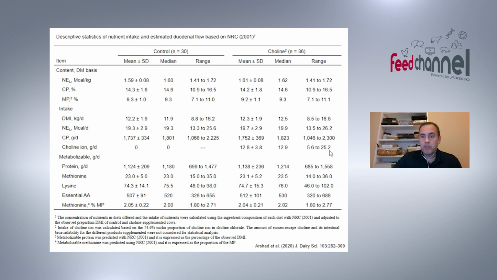So this is the range of choline intake in the cows, given that these cows were supplemented with choline. But there was always a control group within the same experiment. And you can see here what was the intake of methionine in those cows prepartum and postpartum.